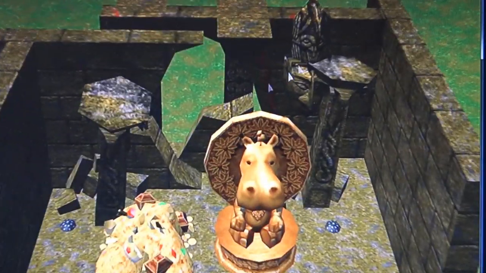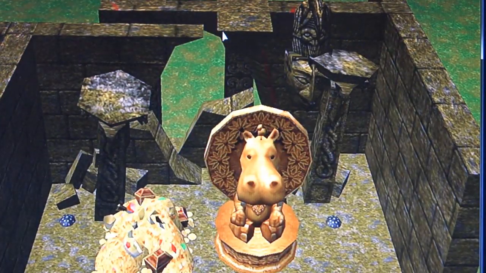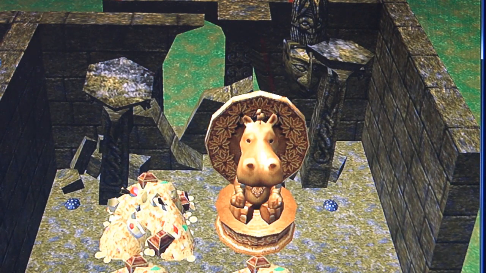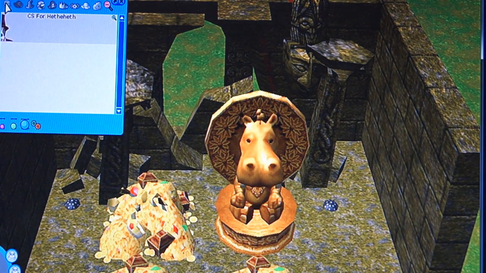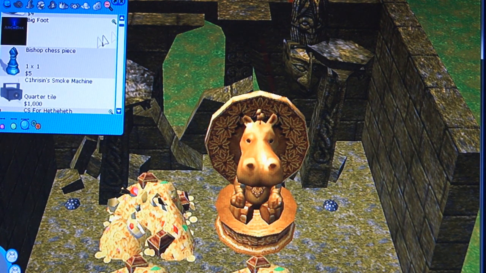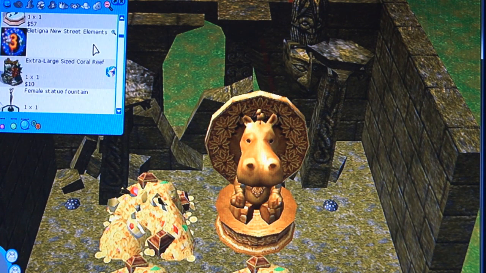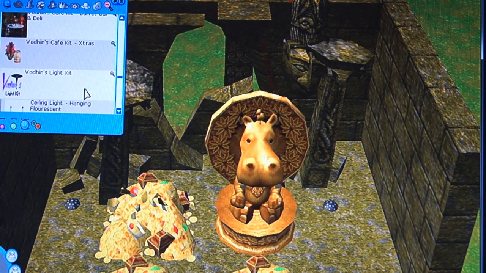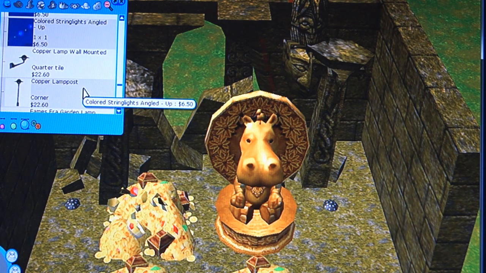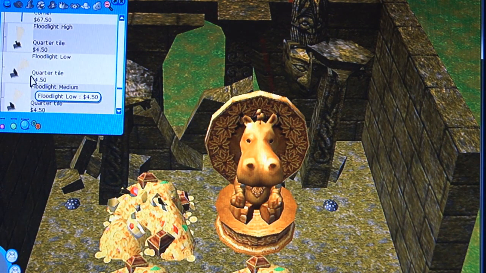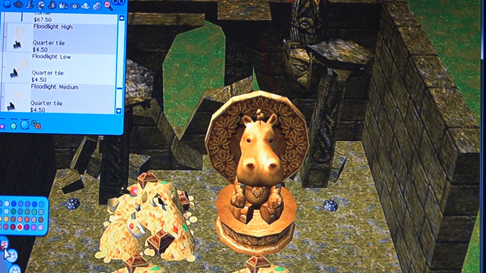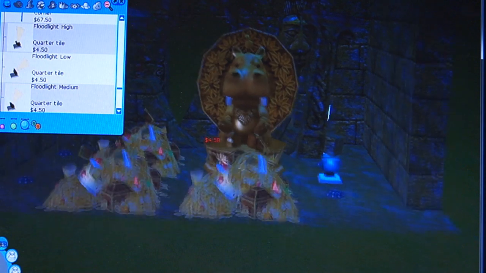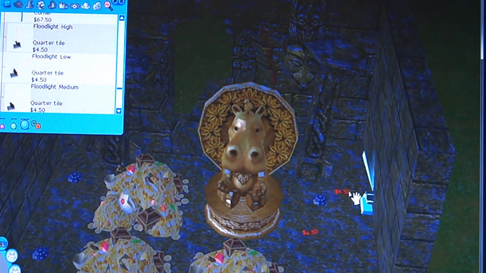So what I'm going to do, the background here, I'm going to try and light that up in blue. Because that way it contrasts against the other colours as well. Again, Vodhin's lighting kit. Barely even showed up.